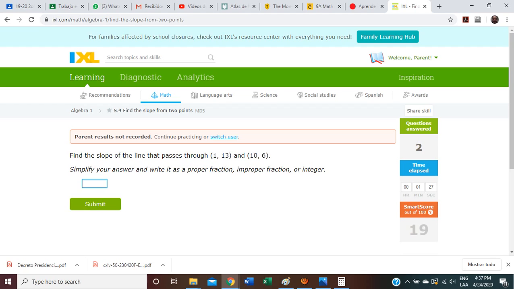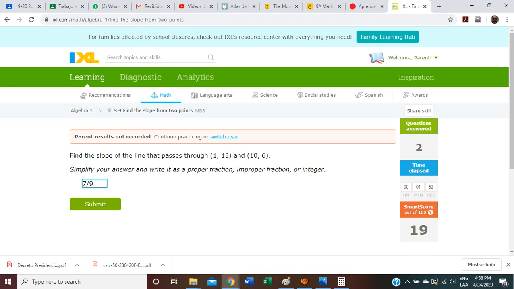I'm going to do 2 more problems so you can be very sure about how to solve it. 6 minus 13 equals negative 7, divided by 10 minus 1 equals 9. Remember, if both of them are negative, the answer is going to be positive.